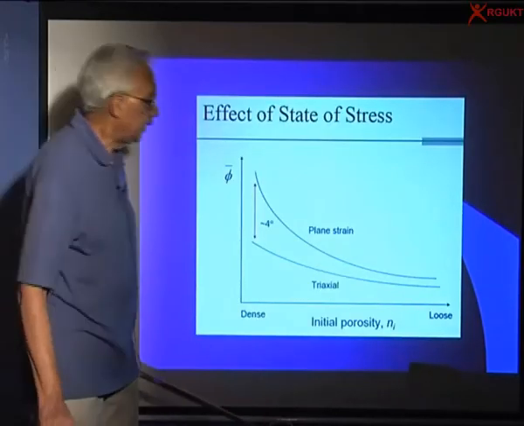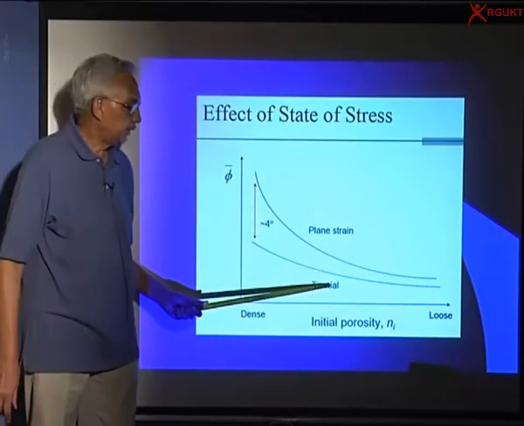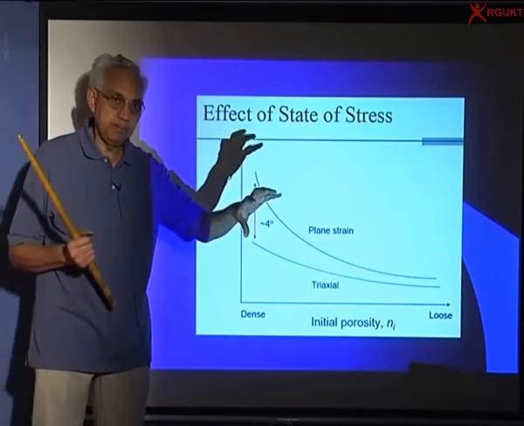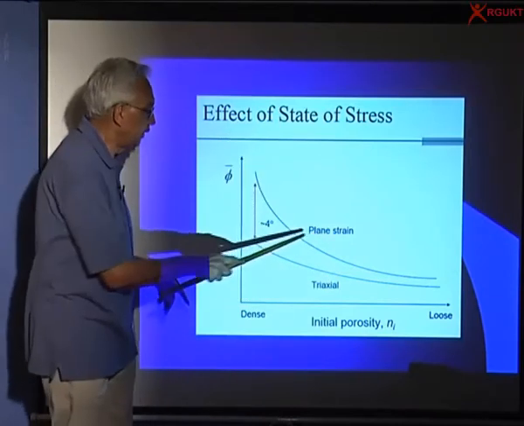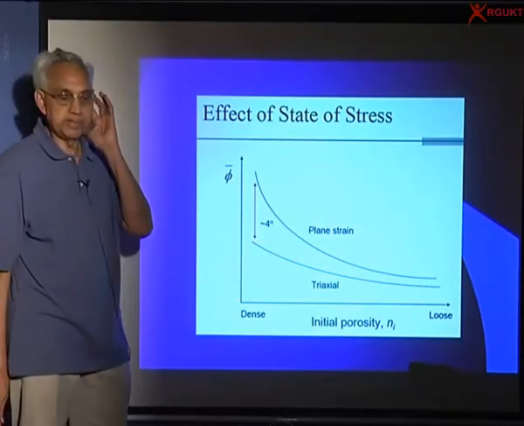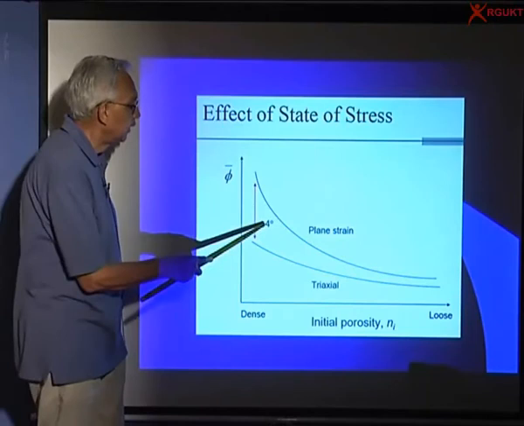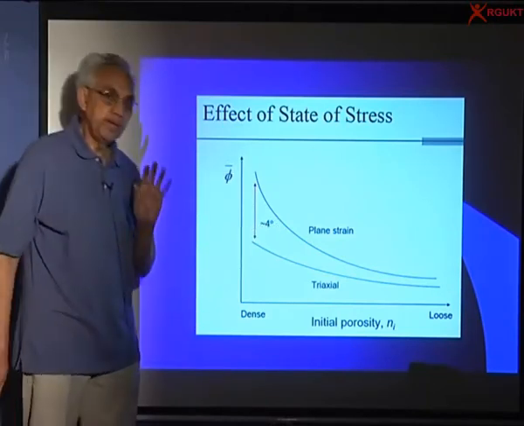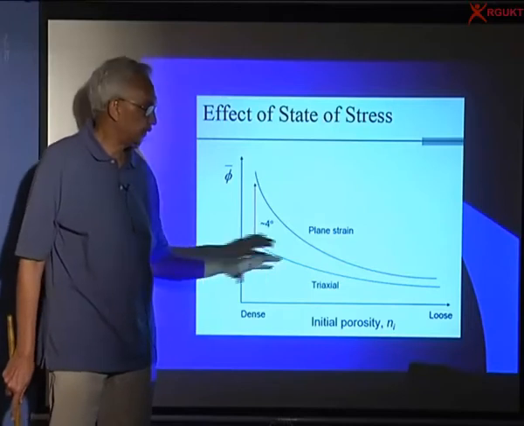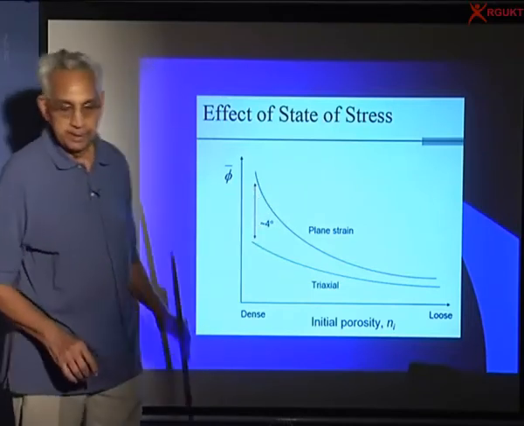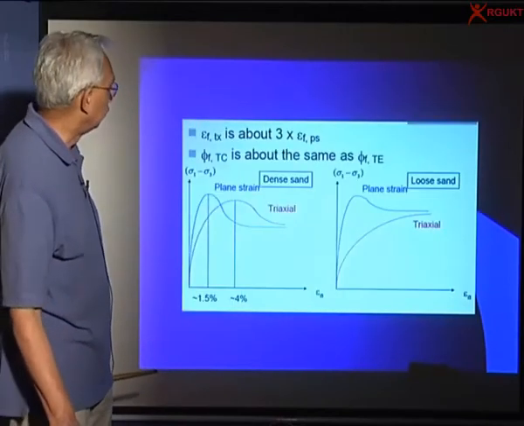Then we also try to look at it. Most of the tests are triaxial, but in the field you have a long embankment, which means it's a plane strain problem, and the difference between these two in terms of friction angle, or angle of shear resistance, is about 4 degrees. Please remember, if I determine from triaxial tests a certain angle of shearing resistance, in the field I may have to use something slightly larger.